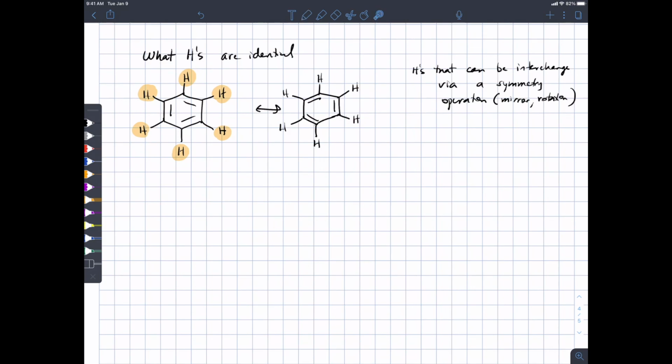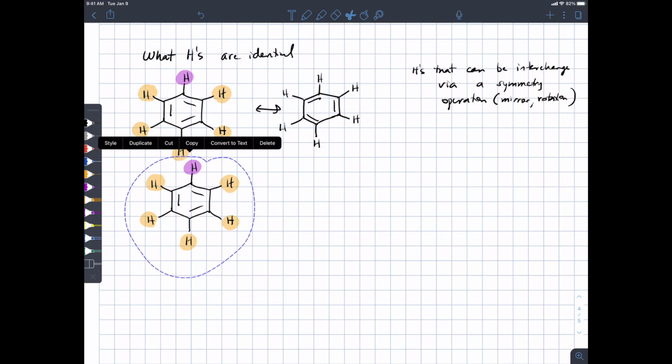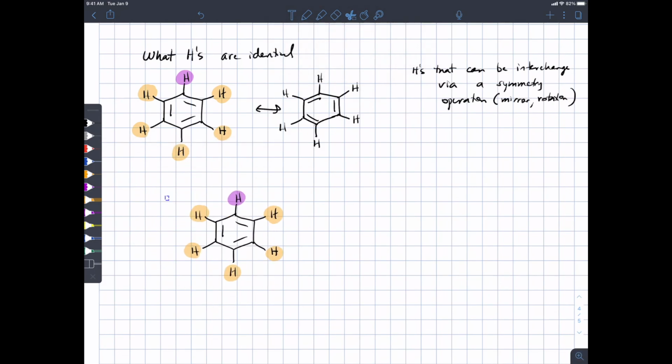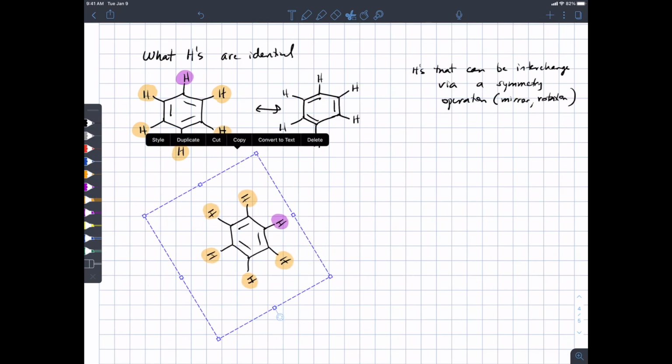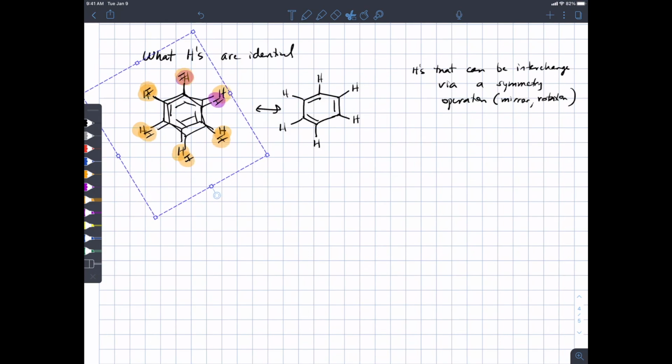So all I would need to do to trade one proton on benzene for another, let's pretend we thought this one was different, is copy, paste, and rotate it. Same, right? Alternatively, you could note that there is a plane of symmetry here that makes these two protons equal to each other and these two protons equal to each other.